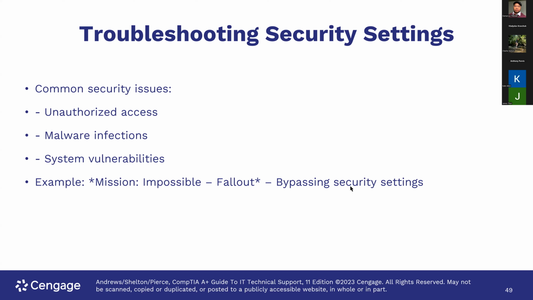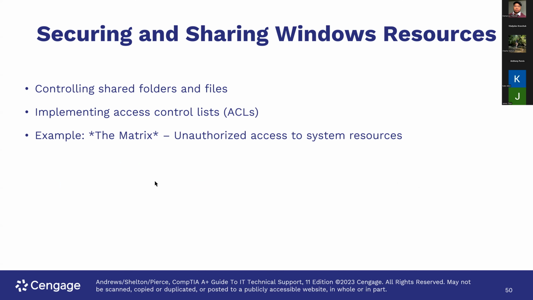They have an example of this, Mission Impossible. Here's another: controllers, shared folders and files, implementing the ACL lists and the matrix, unauthorized access to the system resources. It demonstrates an example of this.